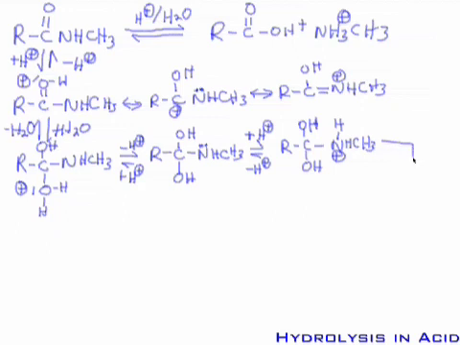And so we can, actually, let's have that one go that way and draw this one that way. So what happens is we can lose our NH2CH3, kick out the amine, and of course we get RCOH, OH plus.